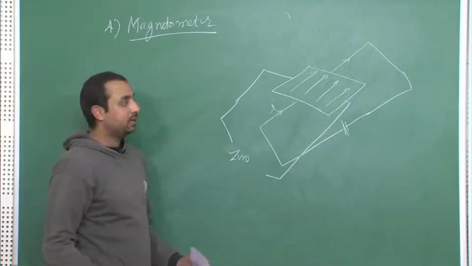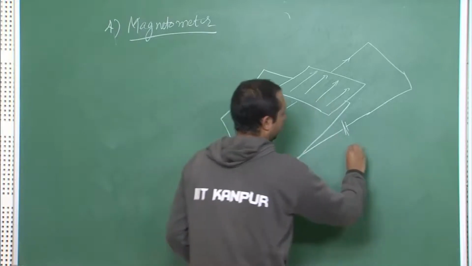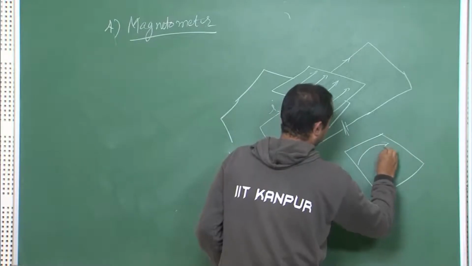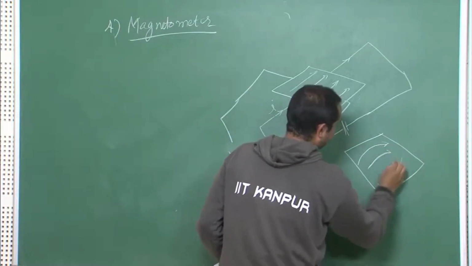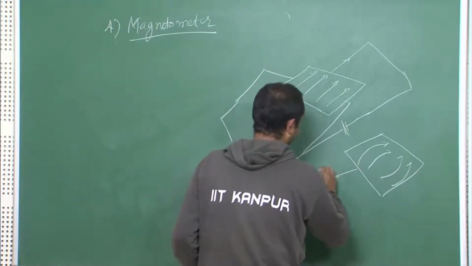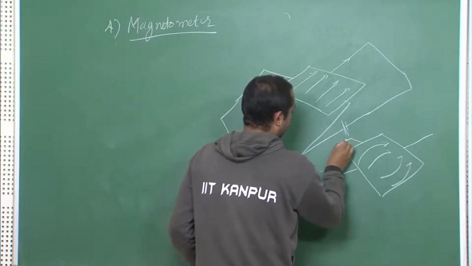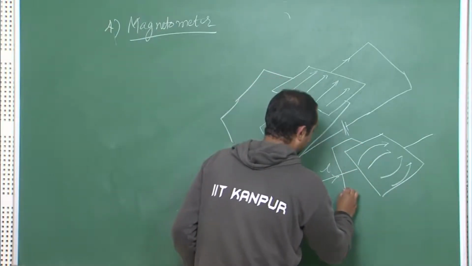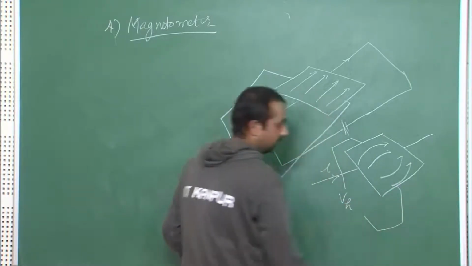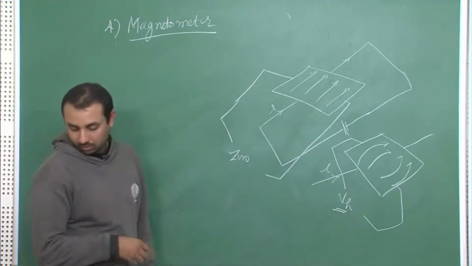In presence of magnetic field, this line will get distorted, so it will be something like this. Assuming I am giving this constant current, then voltage will be some VH. This is known as Hall voltage, and this whole phenomenon is known as Hall effect.